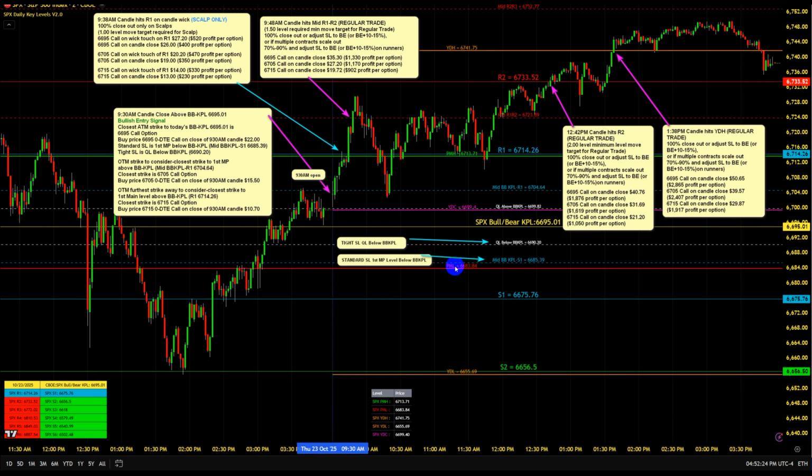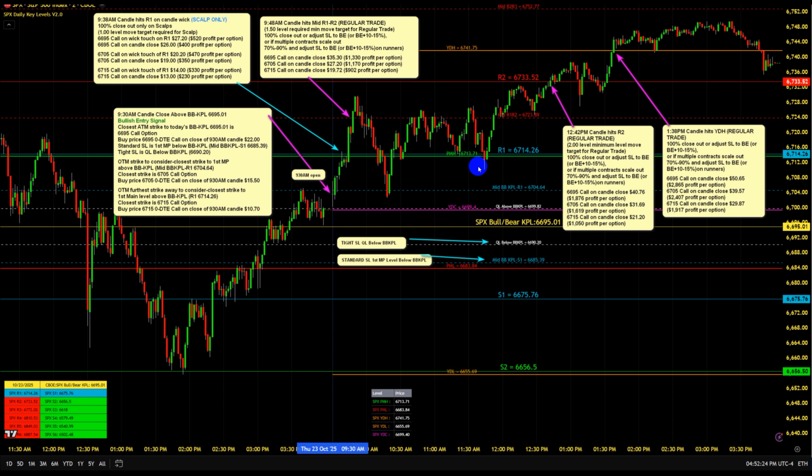You also have this PML level, which is very close to this mid BBKPL S1, and then you have this YDL level, which is very close to the S2 level. So these levels can also act as important waypoints for decision making as far as continuing momentum in a direction with closes above or successive closes below them.